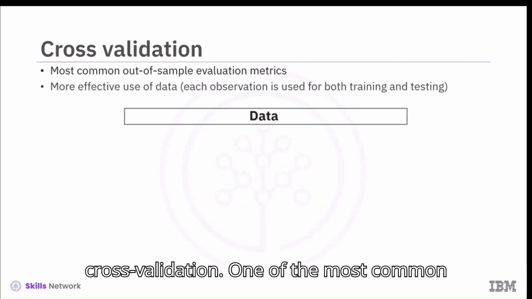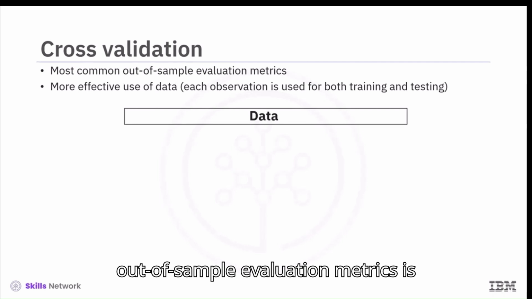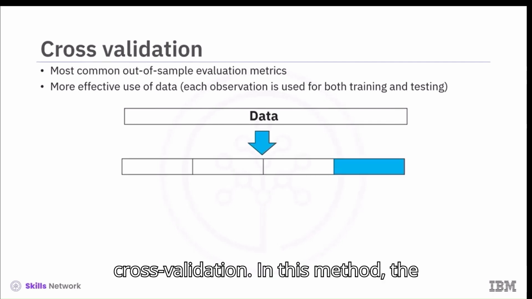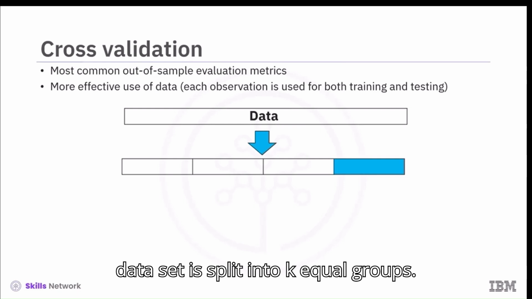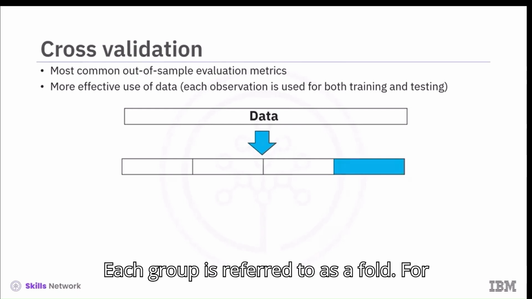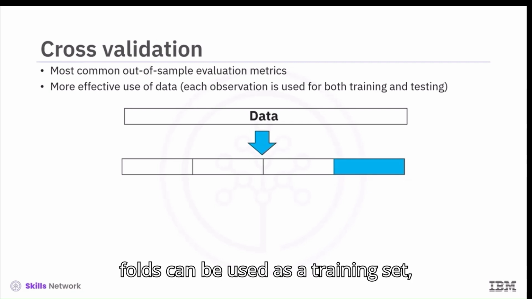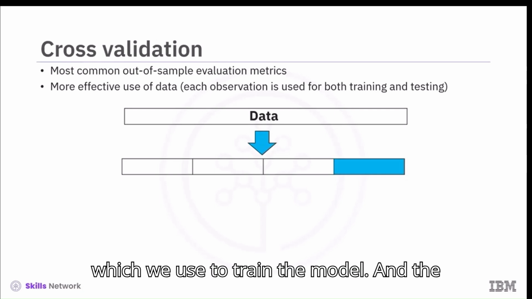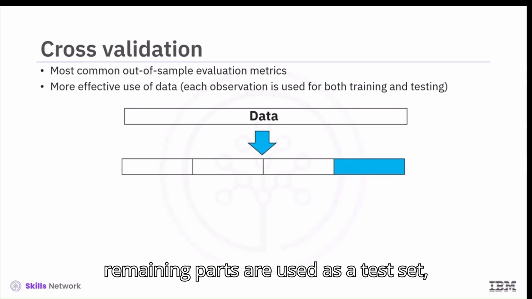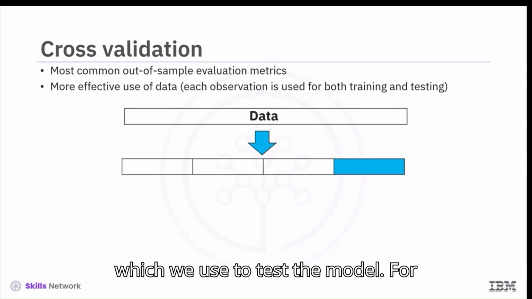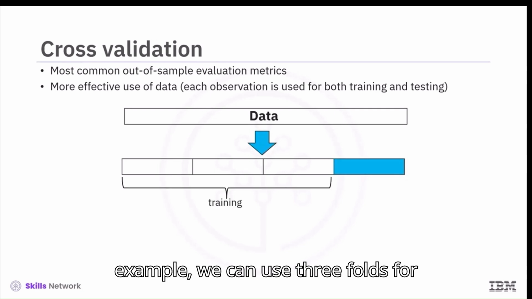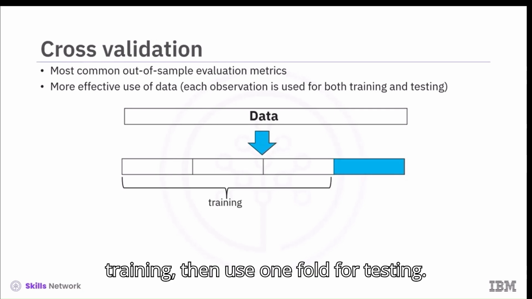One of the most common out-of-sample evaluation metrics is cross-validation. In this method, the data set is split into k equal groups. Each group is referred to as a fold. For example, 4 folds. Some of the folds can be used as a training set, which we use to train the model, and the remaining parts are used as a test set, which we use to test the model. For example, we can use 3 folds for training, then use 1 fold for testing.